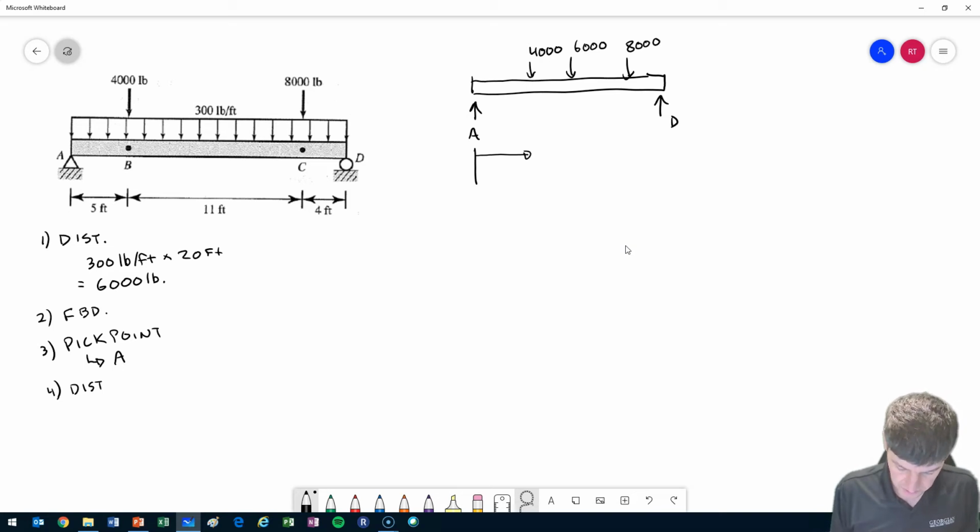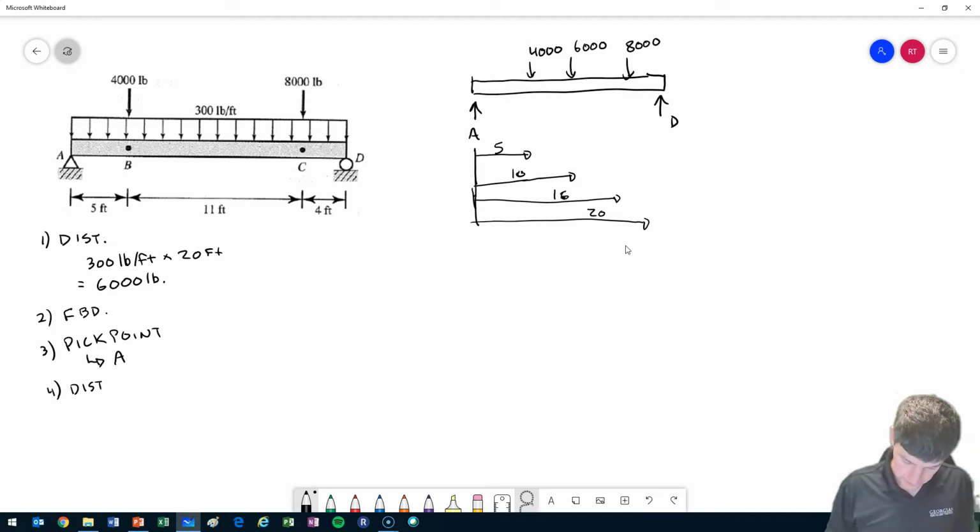So to 4,000 is 5 feet, 6,000 is 10, 8,000 is 16, and all the way across to D is 20.